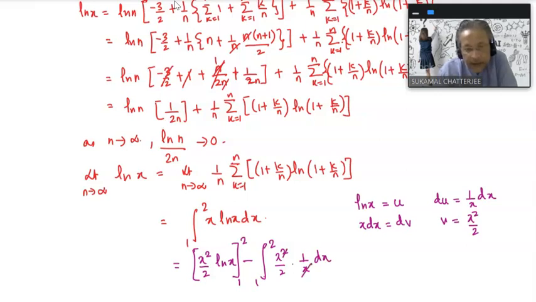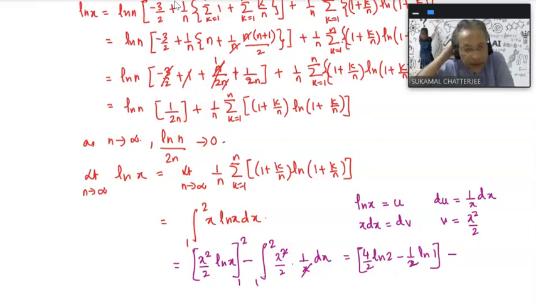So this simplifies. So the first part becomes 4 by 2 ln 2 minus 1 by 2 ln 1, minus the second integral, x by 2 dx, which is 1 by 2 integral x dx, which is x square by 2 from 1 to 2.